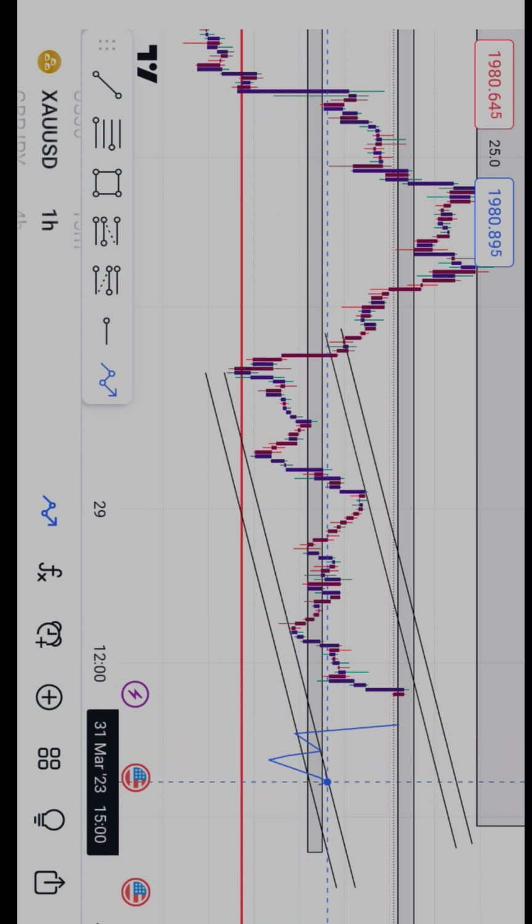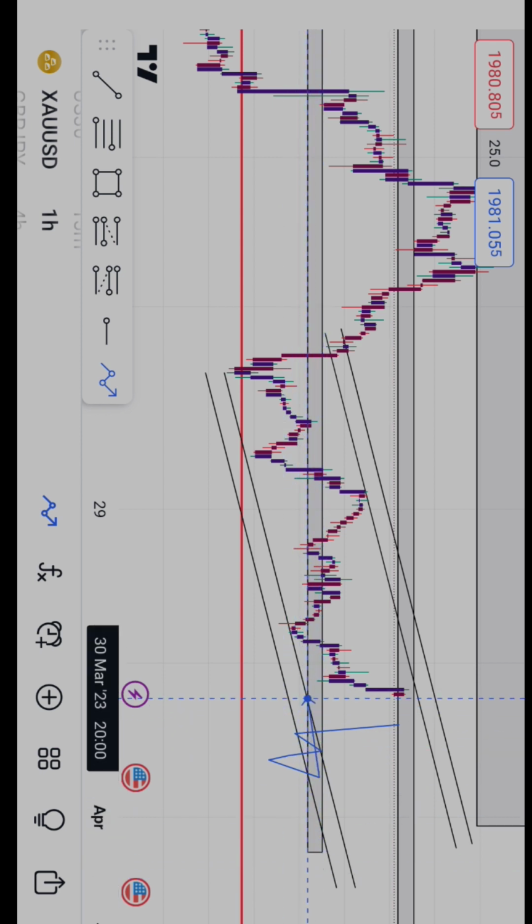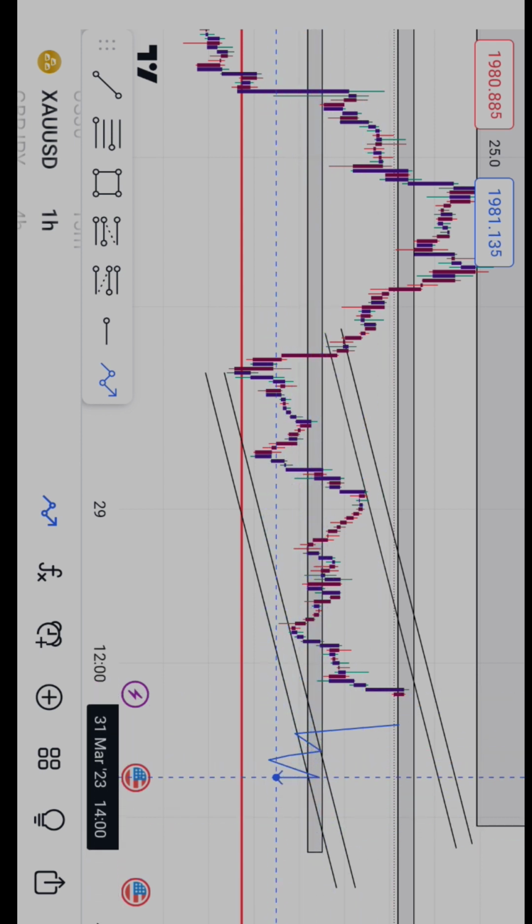As long as I don't get the signal on this level that price is gonna reverse, I will not enter. So we only enter based on price action, how price interprets the whole setup.